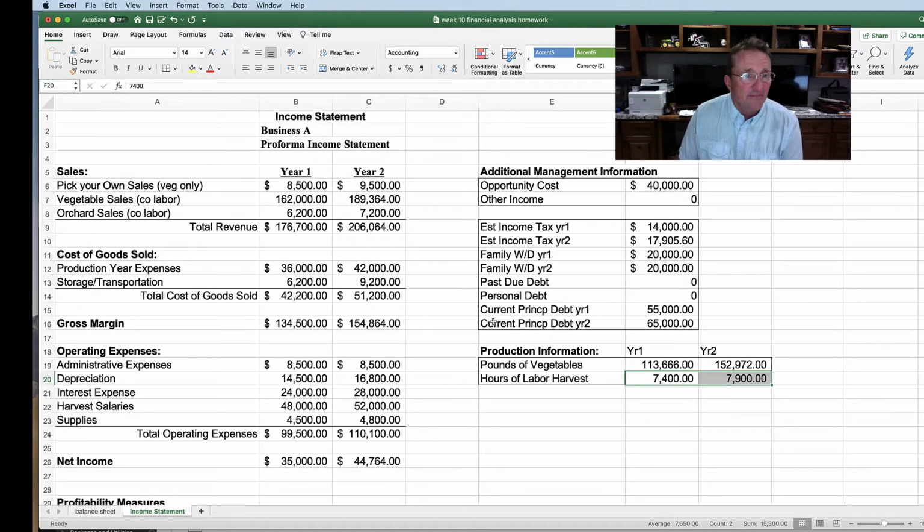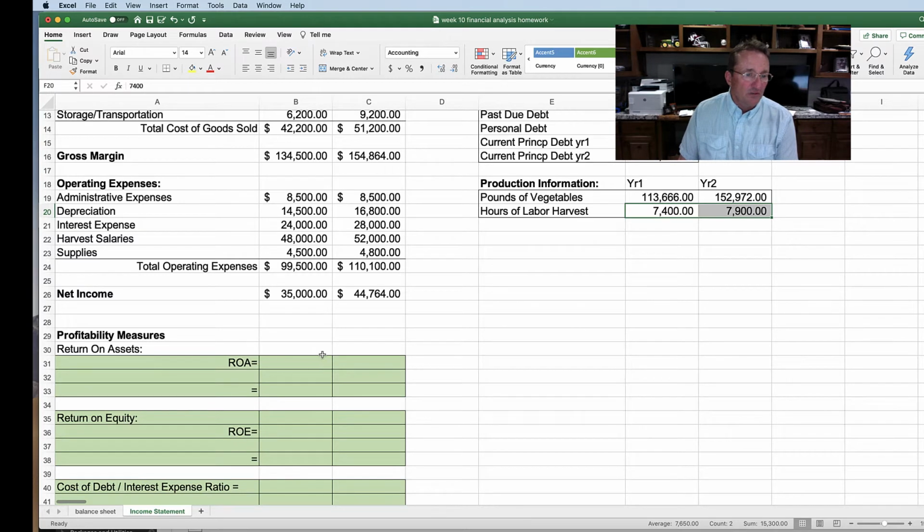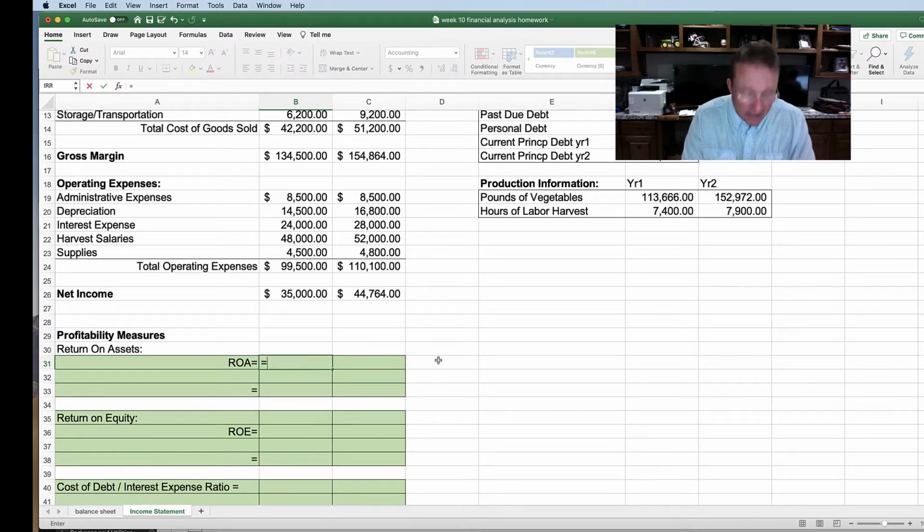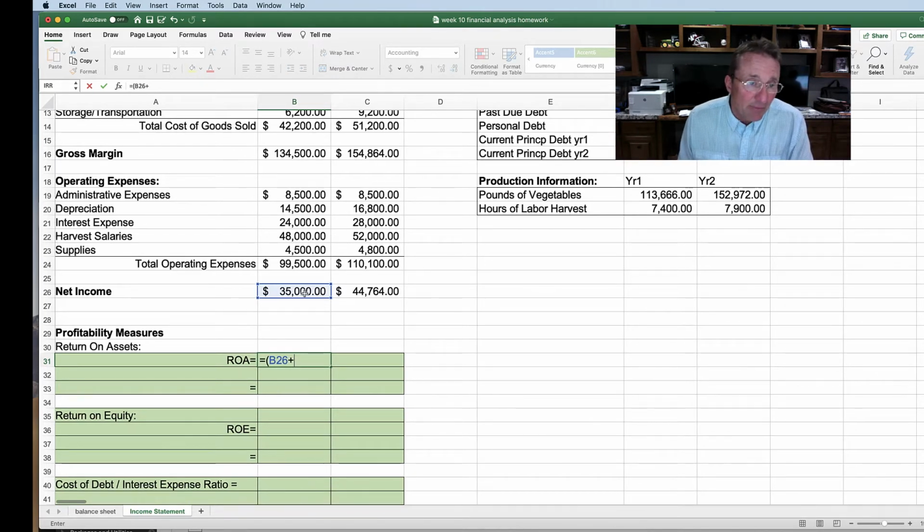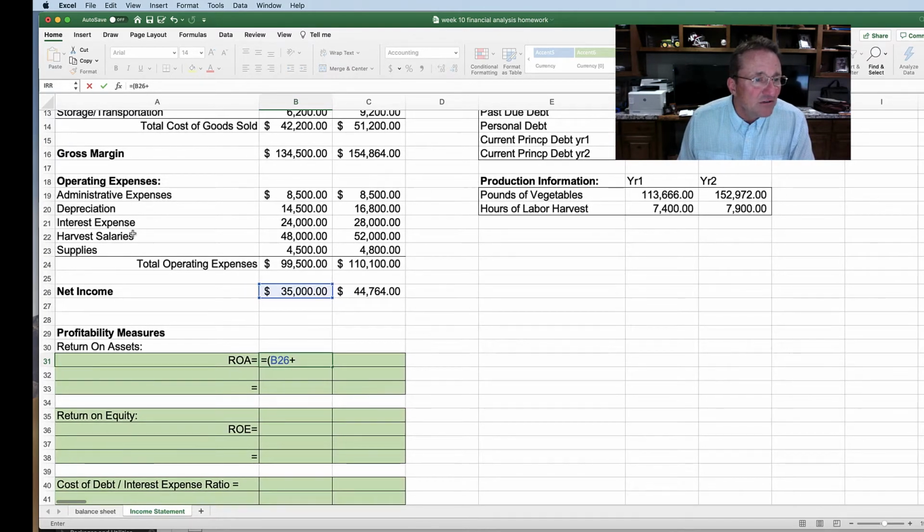Let's look at profitability. First one we're going to look at is return on assets. Now I like to calculate return on assets a little bit at a time, each step. The formula for return on assets, which you've got from your last video, is first the net income of the business. Plus, because assets can be borrowed on, we add interest expense back, so it's not part of the equation.